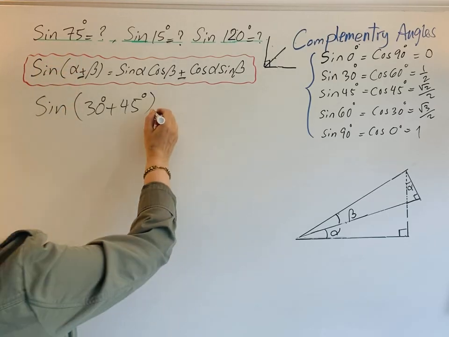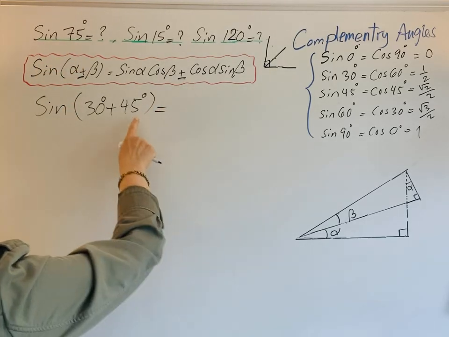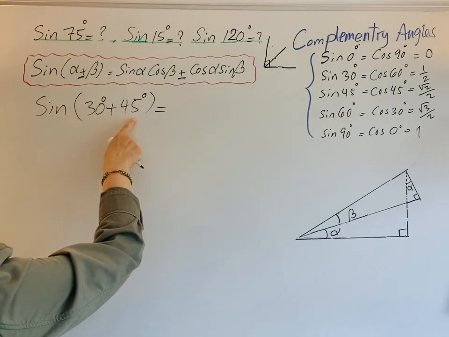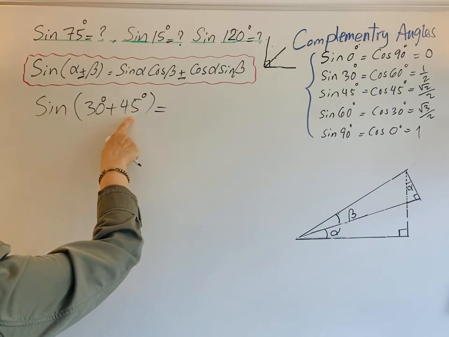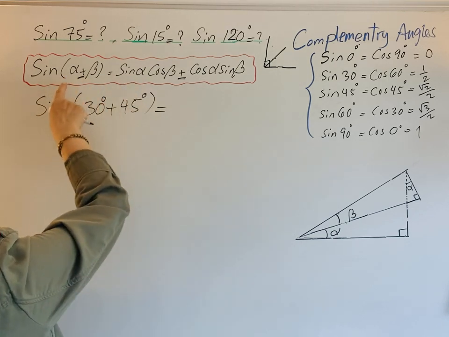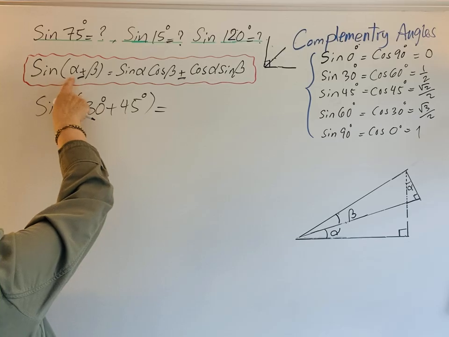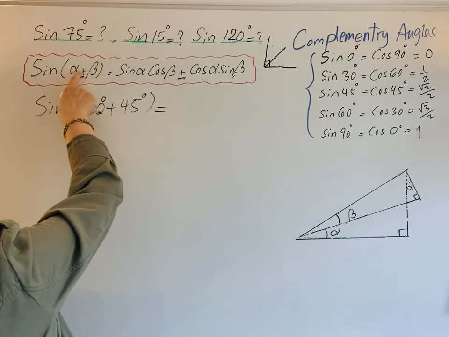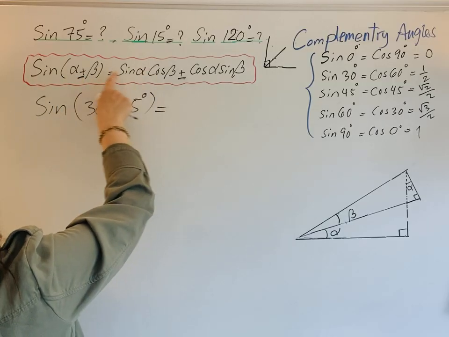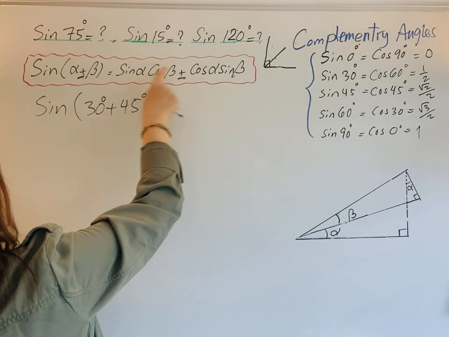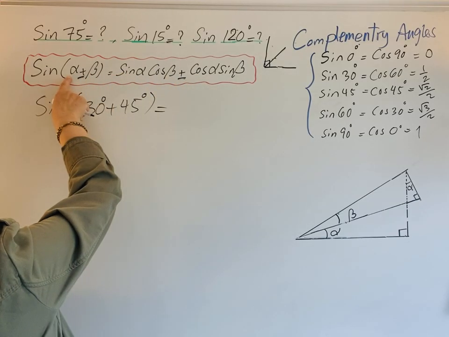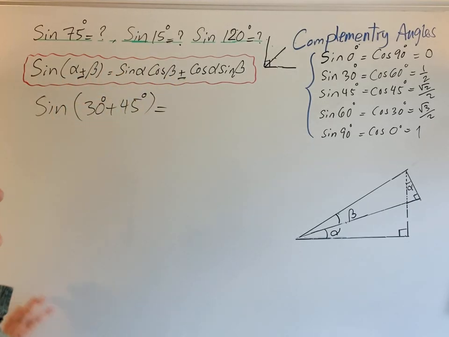There is a proof that when we have two angles, the sine of the sum of these angles is this one. If we have two angles, alpha and beta, the addition of this gets sine of the first one times cosine of the second one, plus cosine of the first one times the sine of the second one.